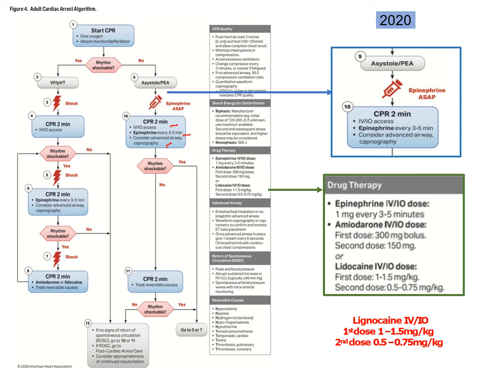The dose of adrenaline given is 1 milligram. By protocol, it stated you may order every 3 to 5 minutes, but just to make things standard, you ask your assistant to give the 1 milligram adrenaline every 3 minutes. Then after 2 minutes, you assess the rhythm, check for the pulse. If there's still pulseless and the rhythm still asystole, then you continue this cycle.